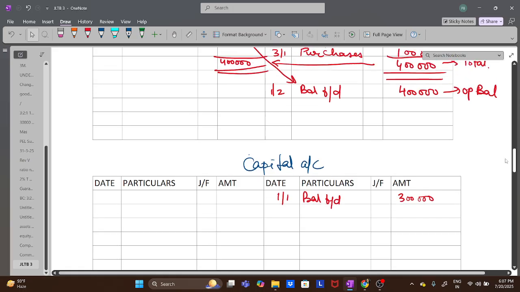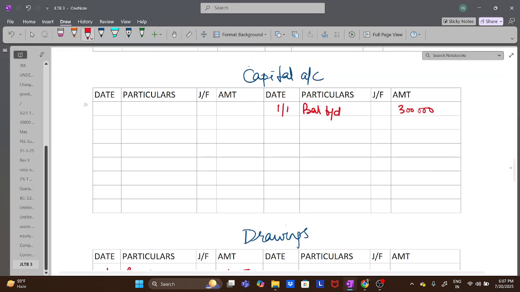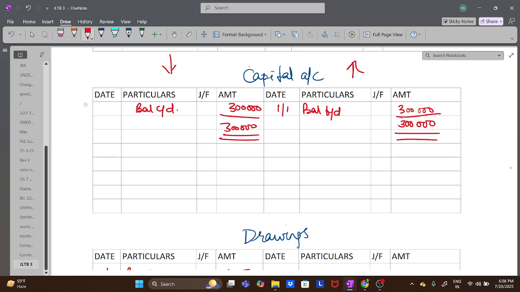Now the next ledger which we have is capital. Capital increases are on this side, decreases are on this side. So the credit side is more than the debit side, as expected. So write the same total here. Close it with a double line. Same as your balance carried down, on 31st.